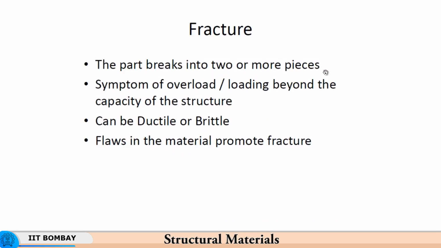So, here I would distinguish between fracture and failure. We have been discussing failure earlier. Failure refers to a situation where the product or a part or piece of metal ceases to perform its designated function.